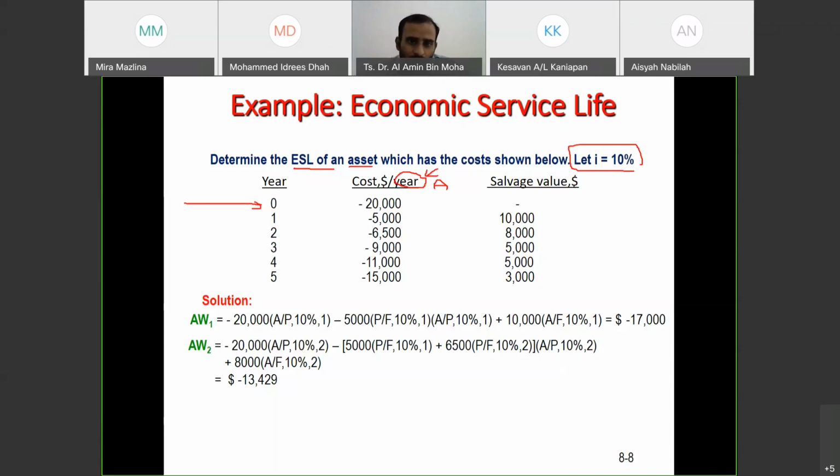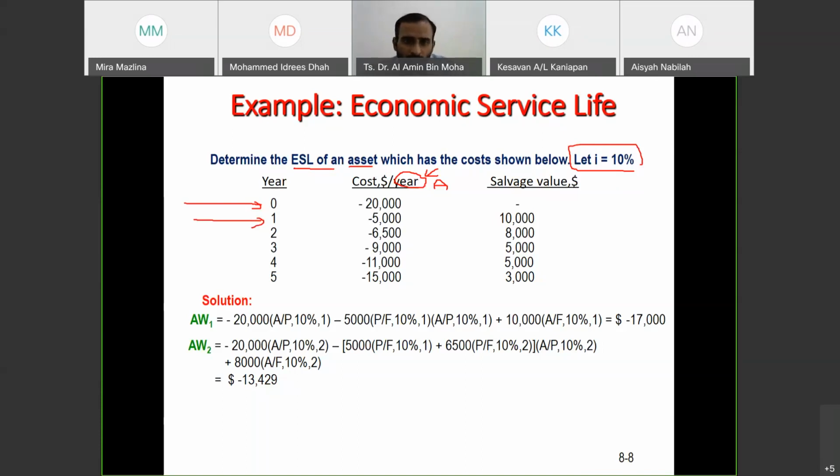Salvage value, no, because when you bought it, we're not going to sell it, right? So the depreciation takes place after that. So year 1, the cost is 5,000, and the salvage value means the value if you sell the asset.